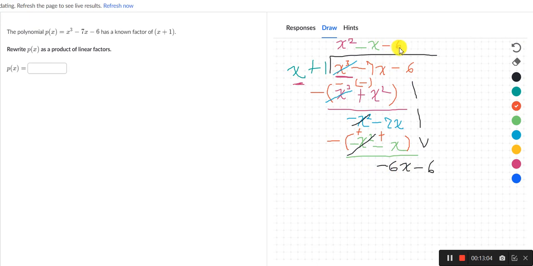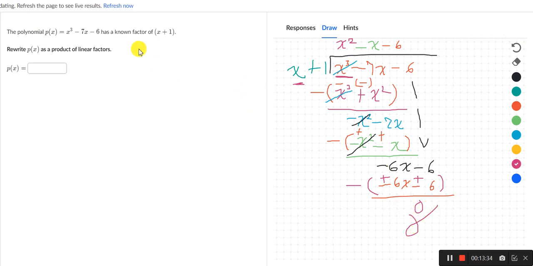So negative 6 times x is negative 6x, and negative 6 times 1 is negative 6. And remember, we always need to change the signs. That's really, really important. So the remainder is 0.